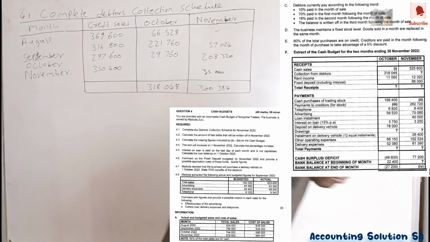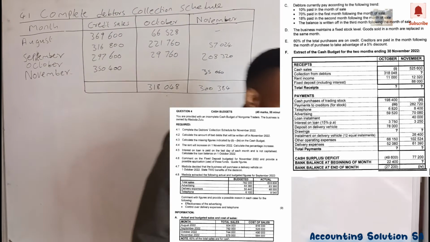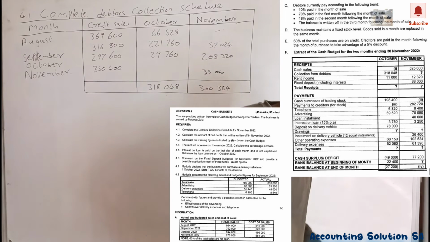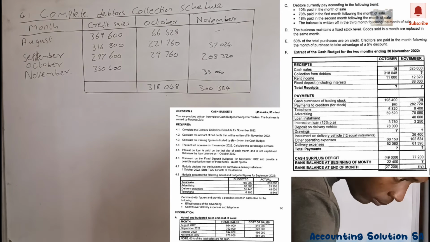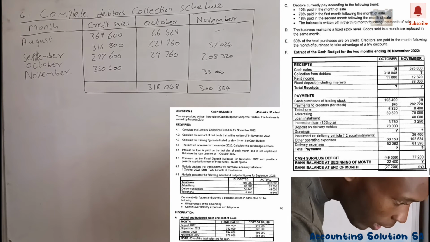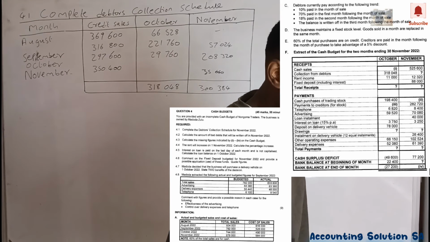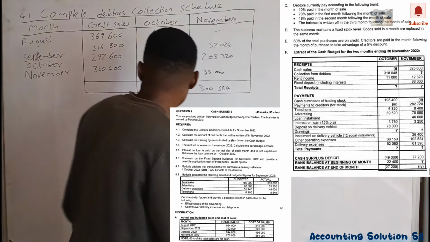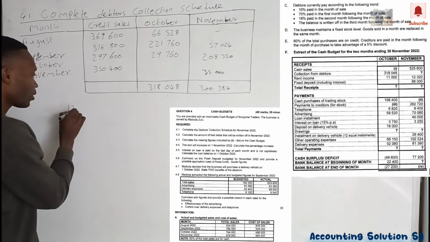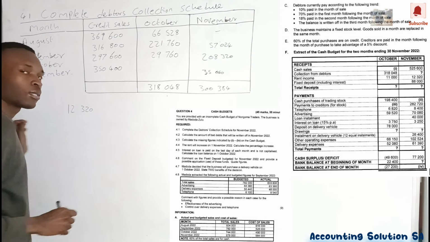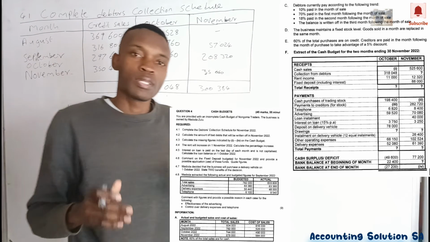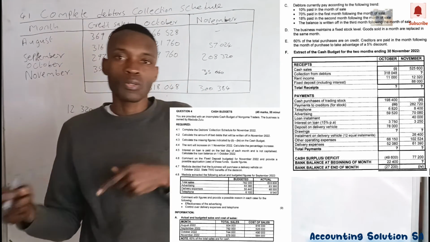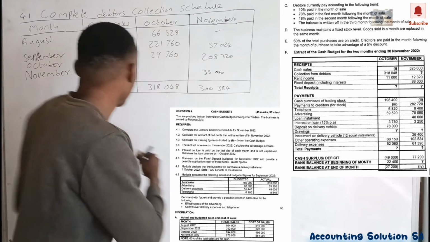Okay, 4.4, they said the rent increased on 1 November 2022, and now you have to calculate the percentage increase. Let's go to our table and check the rent amount. The rent, if you can see, on October it was 11,000 and it goes to 12,320. The formula that you have to use is the new amount minus old, divided by old.